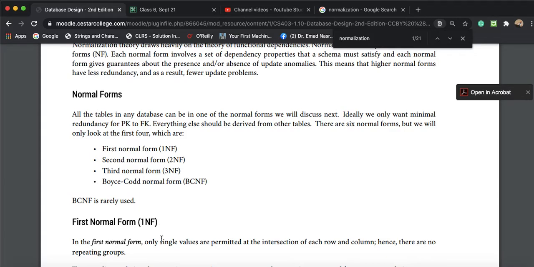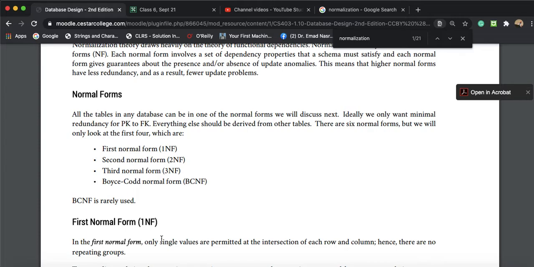So what do we need to do? We need to check our database against first normal form. If the database achieves the rules of first normal form, then it's in the first normal form.